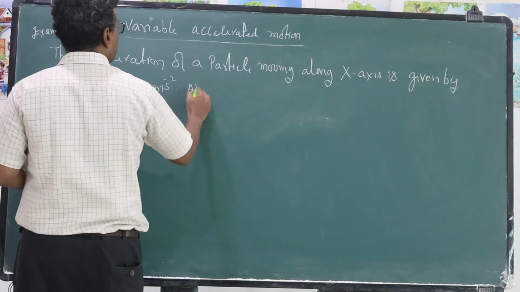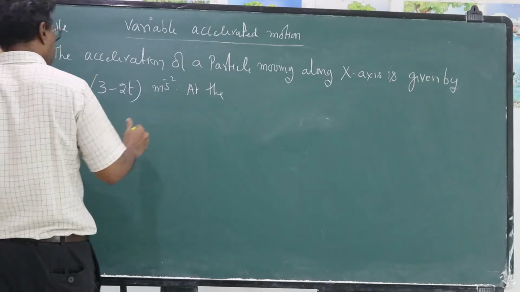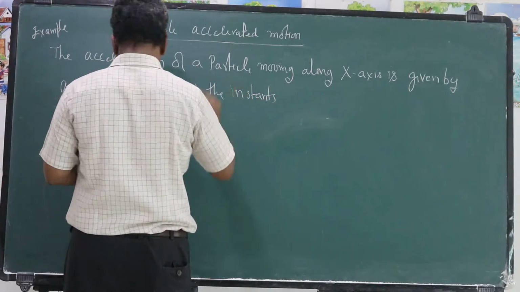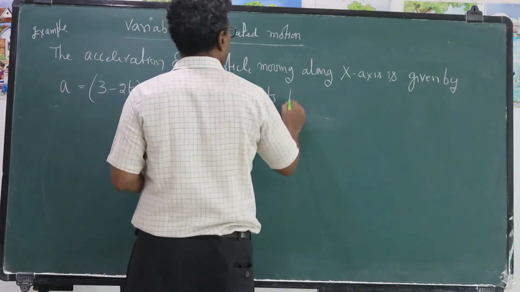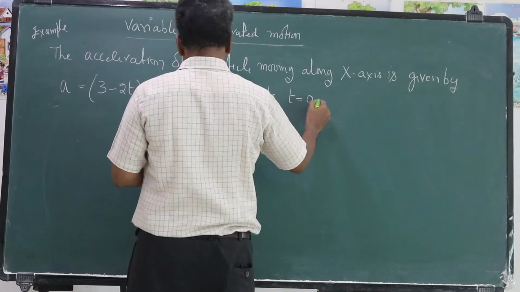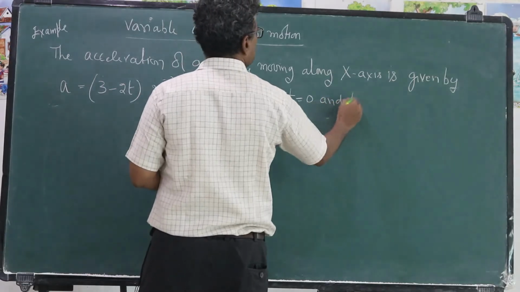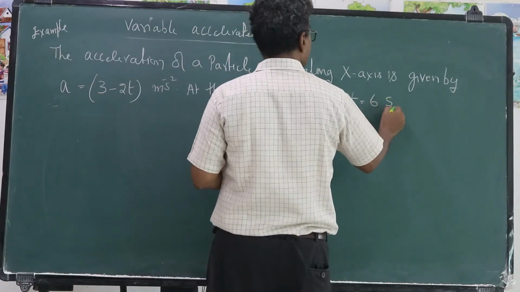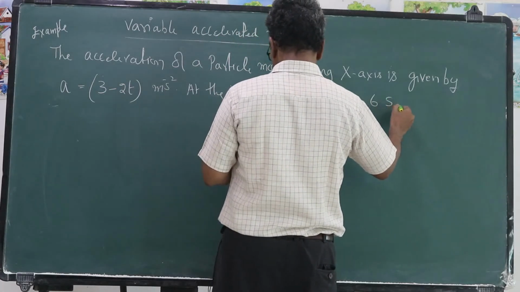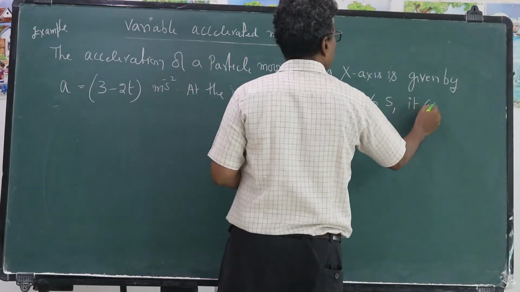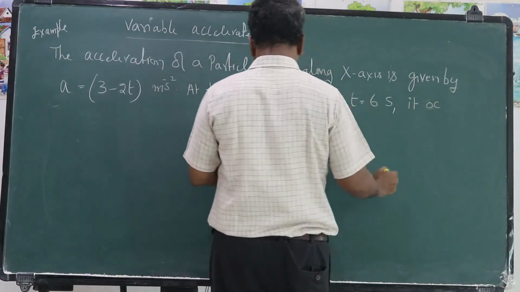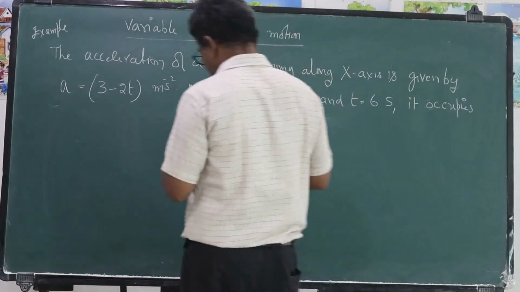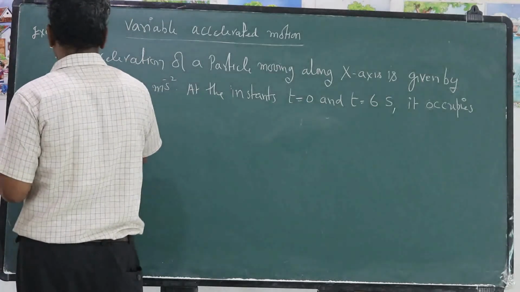At the instants t is equal to 0 and t is equal to 6 seconds, it occupies the same position.